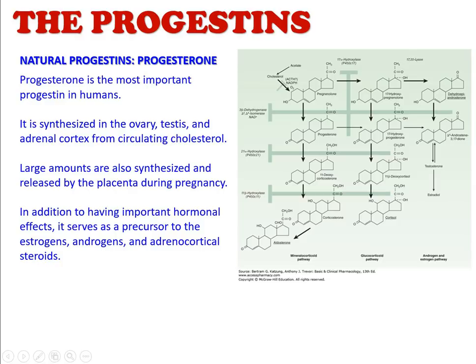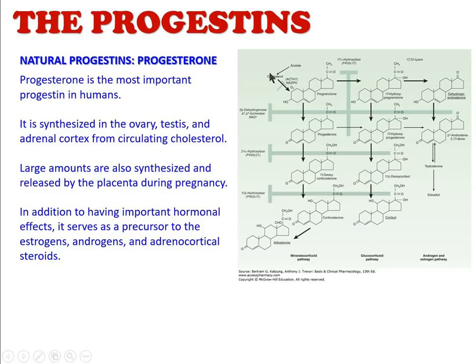The reason it's important is because we saw this chart in corticosteroids. So where is progesterone here? Here's the progesterone. So this is a very important molecule, because you see that it is not only responsible for these pathways' stimulation. What is it synthesized from?